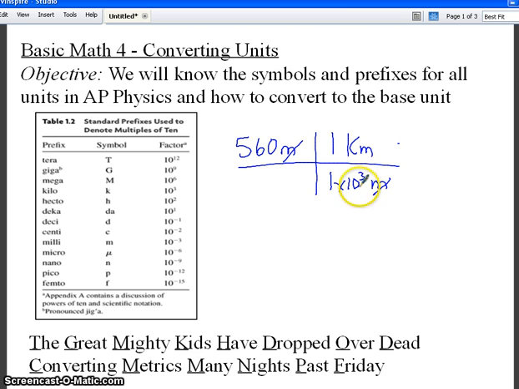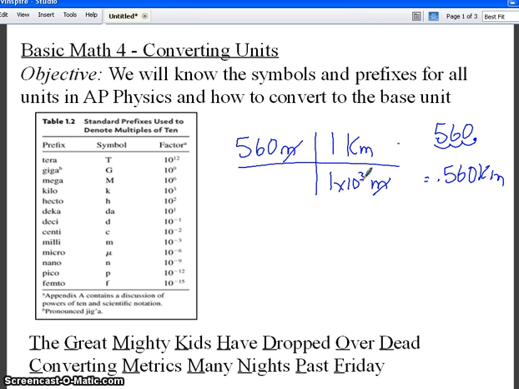So I'm going 3 to the left. So 560 is 1, 2, 3, equals 0.560 kilometers. I'm trying to give you a shortcut here by doing this 3 to the left, 3 to the right business. But if you need to multiply it out, if you need to get your calculator out and go 560 divided by 1 times 10 to the third, then you do that. Okay, so figure it out.